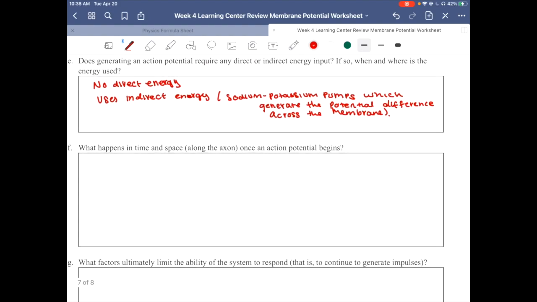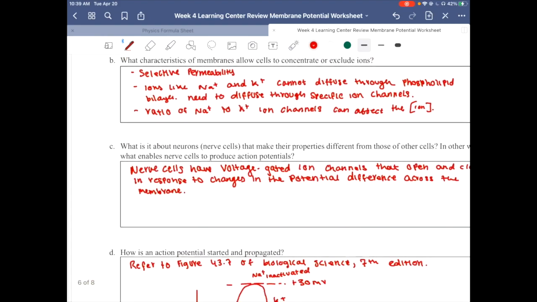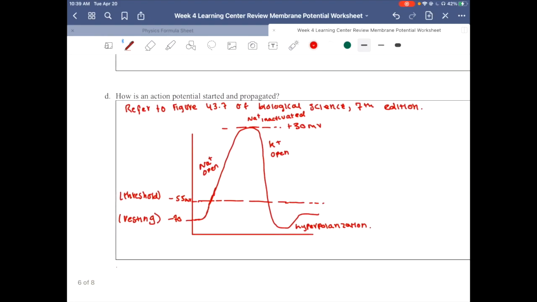All right, so next we're going to look at what happens in time and space along the axon once an action potential begins. And that is similar to what I drew here, right? So here we have some localized sodium channels opening. Once it hits threshold, all sodium channels open, it gets inactivated, potassium opens, starts depolarizing.